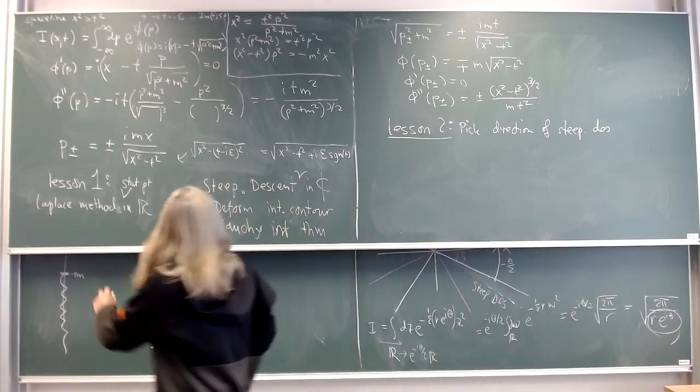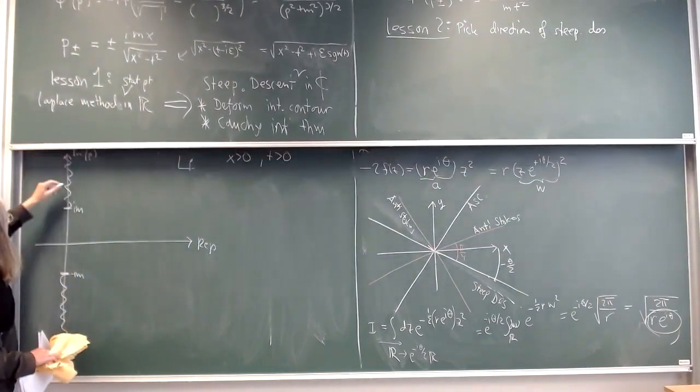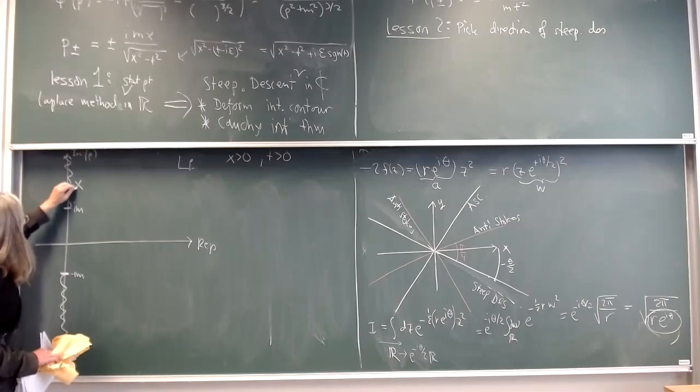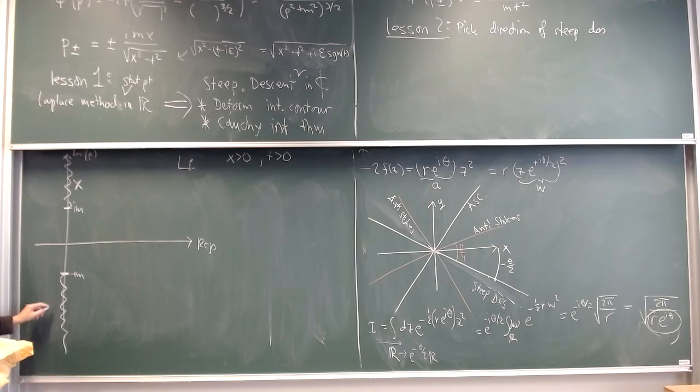So you can convince yourself that in this case, the branch cut is going to be here, a little bit in the first quadrant here, and a little bit in the second quadrant here. Make sense?